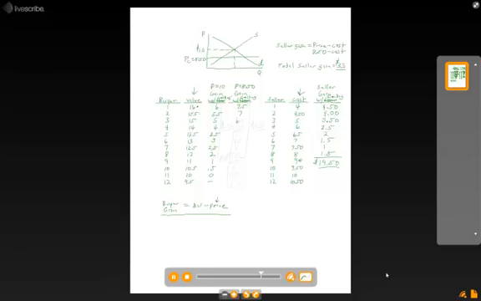And then right on down the line: 6.5, 5.5, 5, 4.5, 4, 3.5, 2.5, 2, 1.5, and then 9.5 minus 8.5 is going to give us 1. Okay, so there are the numbers that we're going to be using.